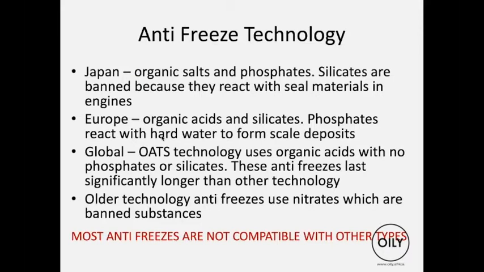Silicates are banned because they react with seal materials in engines. Europe uses organic acids and silicates. Phosphates react with hard water to form scale deposits, so they do not use phosphates as corrosion inhibitors in Europe because of the hard water.